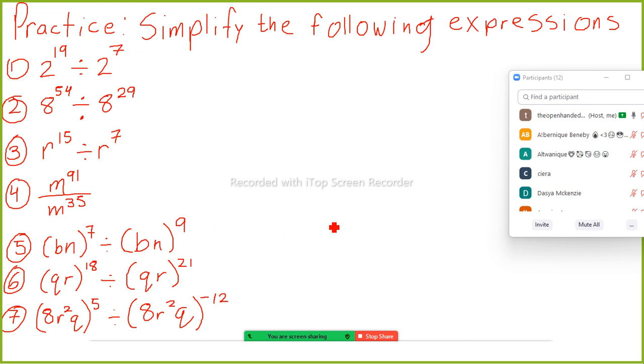Bn all raised to the power of 7 divided by Bn all raised to the power of 9. Qr all raised to the power of 18 divided by Qr raised to the power of 21. 8r squared q to the power of 5 divided by 8r squared q all raised to the power of negative 12.